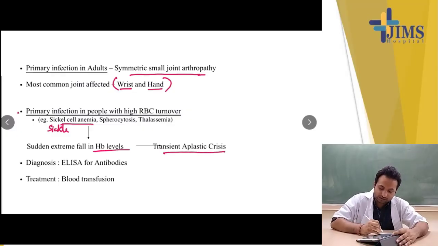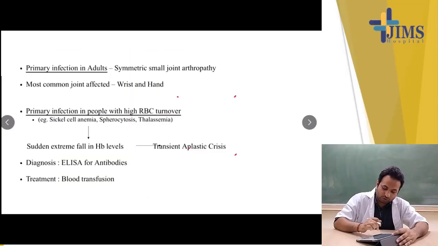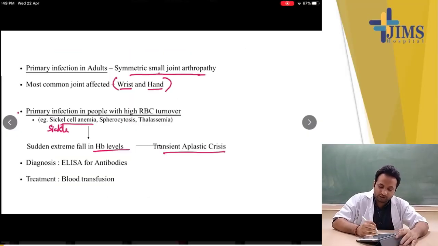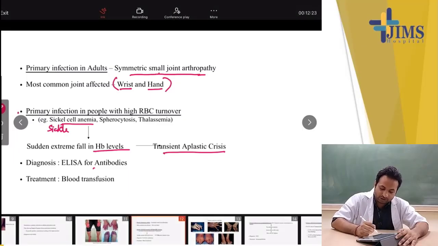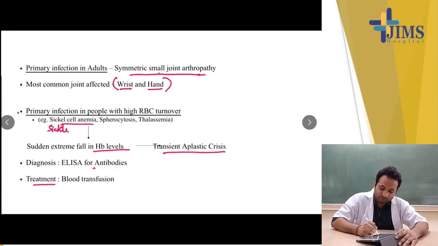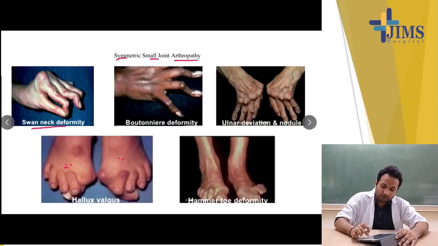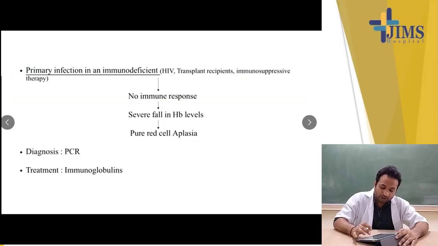Diagnosis is again the same for both this and symmetric small joint arthropathy: ELISA, for detection of antibodies. Treatment in this case will be blood transfusion. So this is what it looks like.